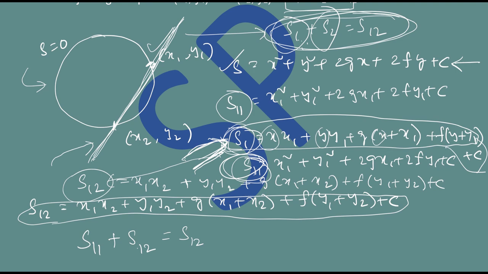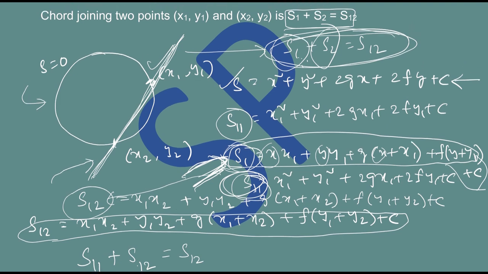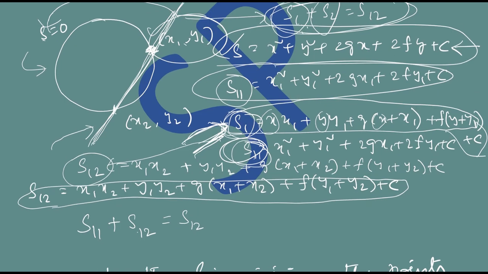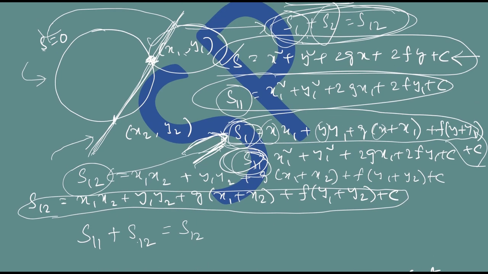Now I want you to observe that S11 is 0 because the point x1 y1 lies on s equal to 0, and when you substitute the point in s equal to 0, you are going to have s11 equal to 0. Therefore this is going to be 0. So you are getting S12 equal to S12. That means this equation S1 plus S2 equal to S12 satisfies the point x1 y1.